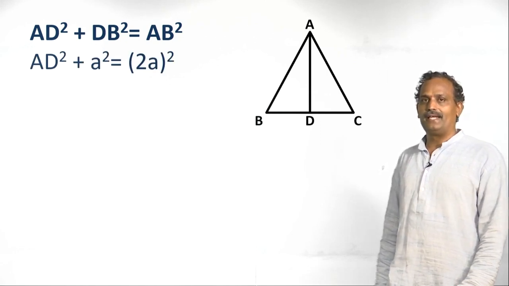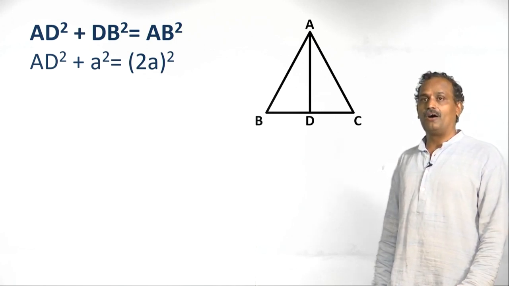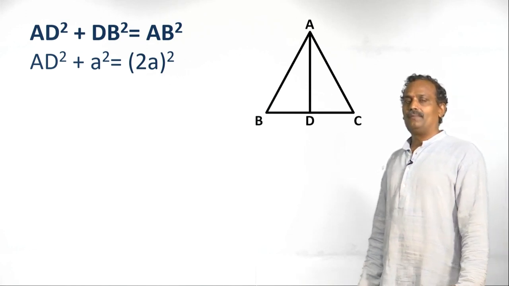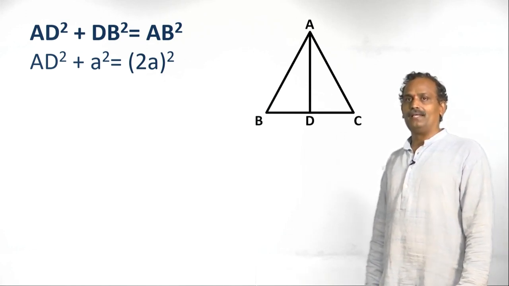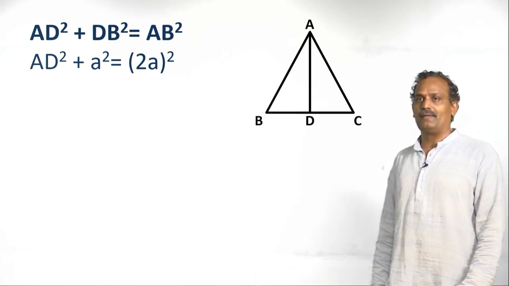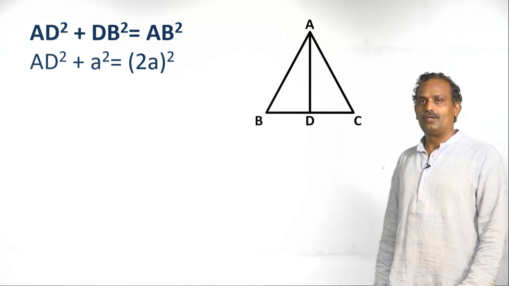So, let us put AD as it is, and DB is half of BC, which is a. So, DB square is a square, which is equal to AB square, where AB is given as 2a, so AB square is 2a whole square.